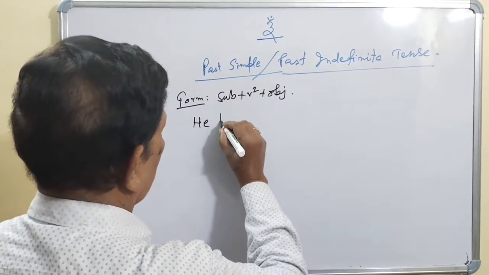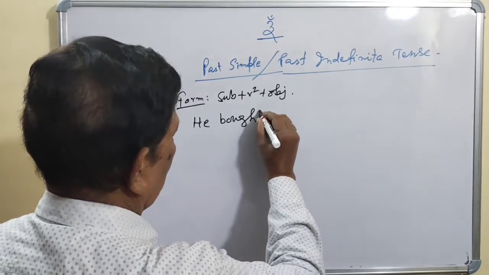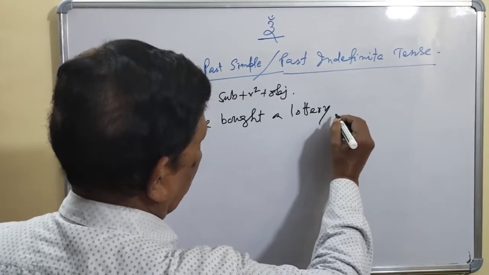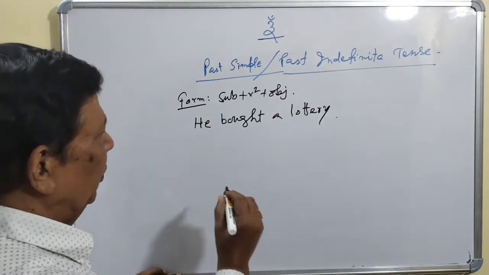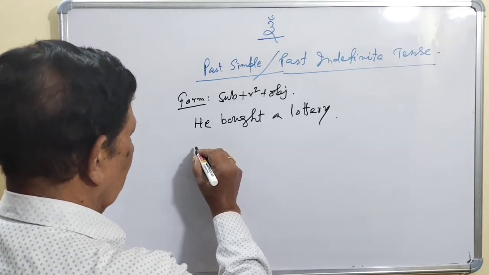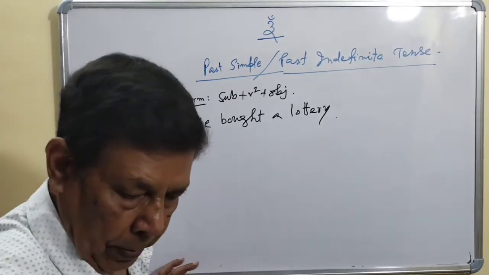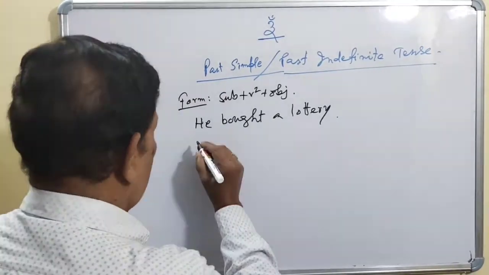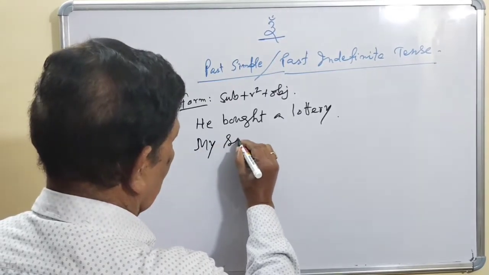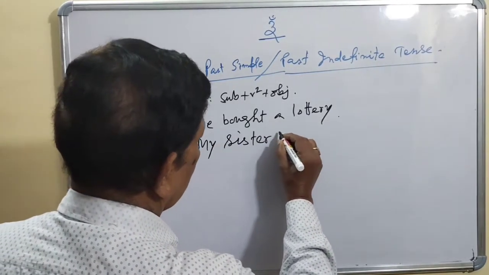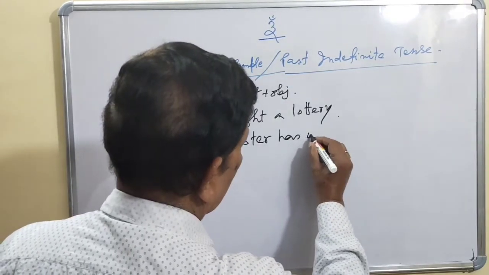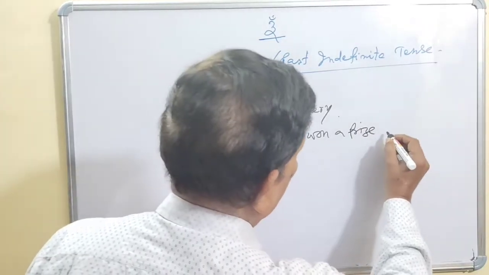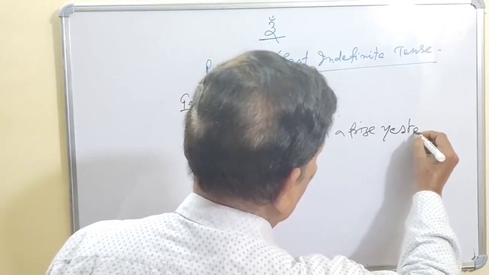He bought a lottery. At the same time, giving you another example: My sister has won a prize yesterday.